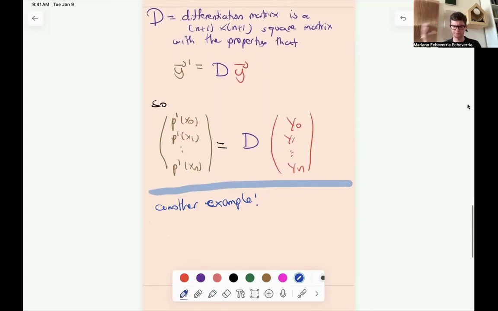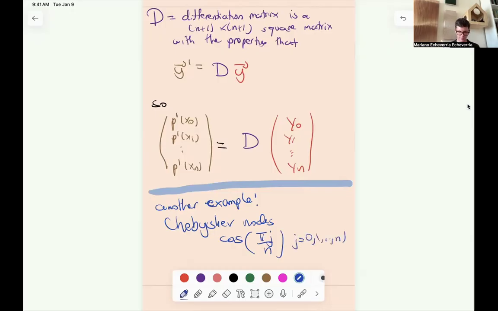If you remember, a while ago we talked about the Chebyshev polynomials, and there was this thing called the Chebyshev nodes, which were cosine of pi j over n for j from 0 to n.